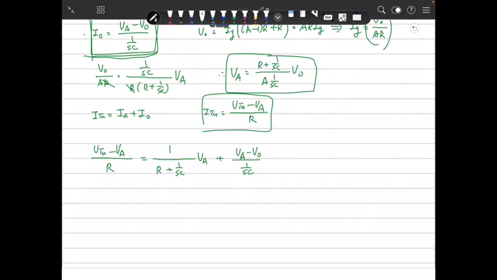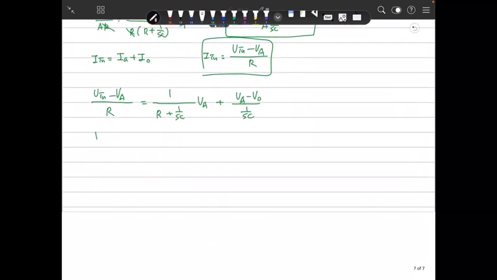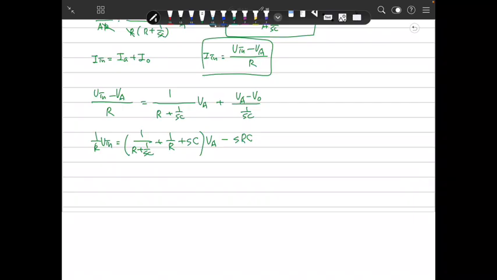So we simplify the relationship between the V in and V out. 1 over R V in is 1 over R plus 1 over SC plus 1 over R plus SC, and VA minus SRC V out.